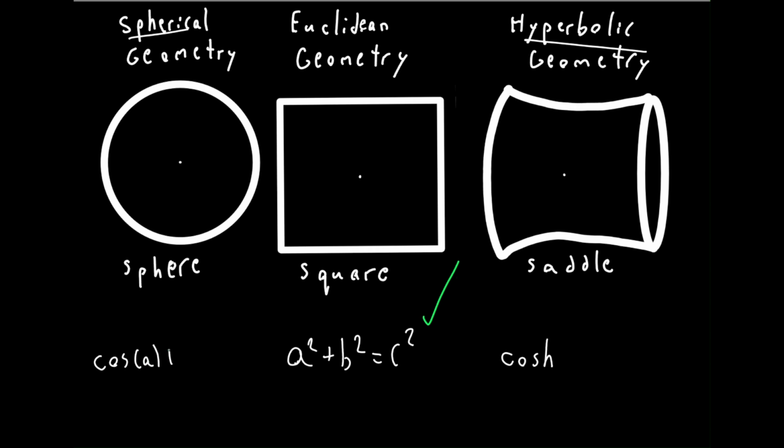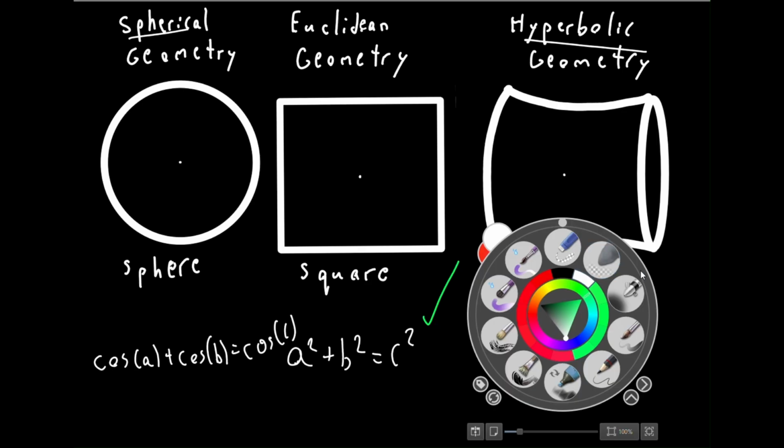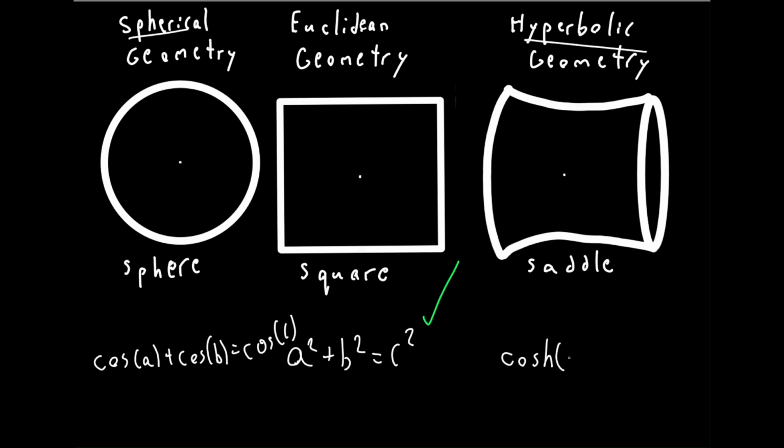So cos A plus cos B equals cos C. Cosine A plus cosine B equals cosine C. That is how you find the hypotenuse.